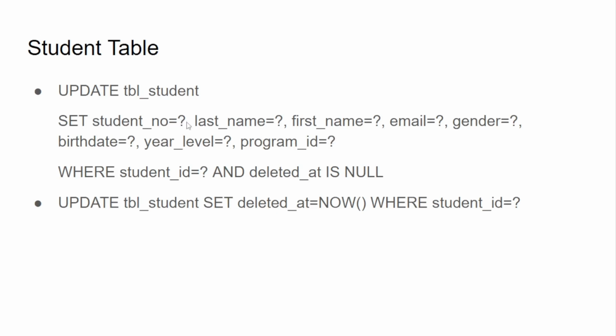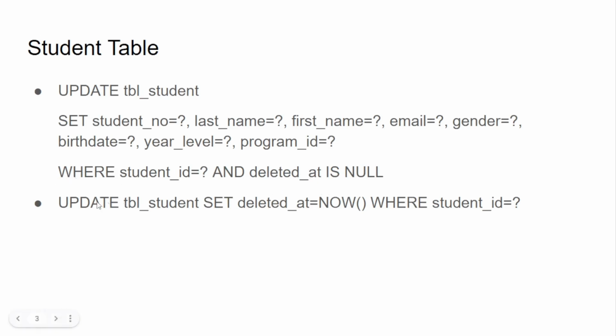You can see it's been replaced by a question mark because in the code it's used like this so that it will not be a hard-coded value, rather it will depend on the user input. And then we also filtered it, so where student ID is the current student ID that needs to be updated, and it should be not soft deleted, so it means it should be active.